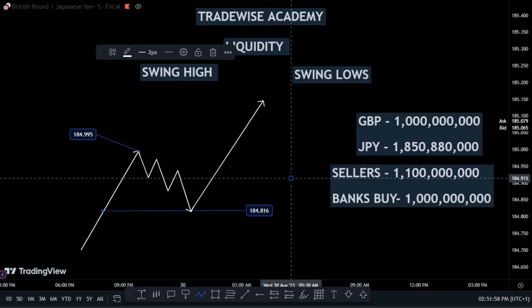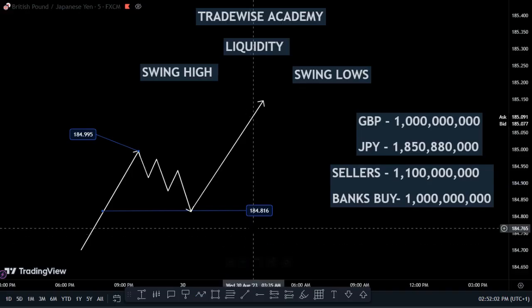What we have explained this very morning is what liquidity is and what it means for the banks to engineer liquidity. Now moving on, what are we going to be doing today? We're going to also be discussing swing highs and swing lows just after discussing liquidity. So yeah, moving on to the next video.